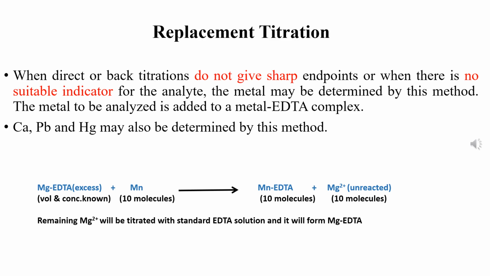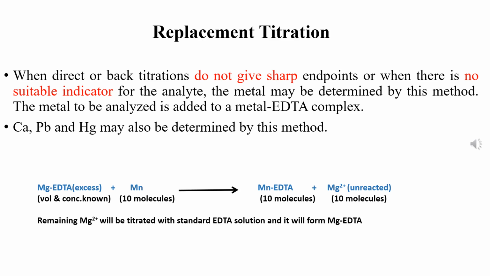For example, for the determination of manganese, an excess of magnesium EDTA chelate or complex is added to the solution of manganese, and the manganese ion quantitatively displaces magnesium from magnesium EDTA solution, because manganese forms a more stable complex with EDTA, and the complex of magnesium and EDTA is not very stable as compared to manganese EDTA complex.